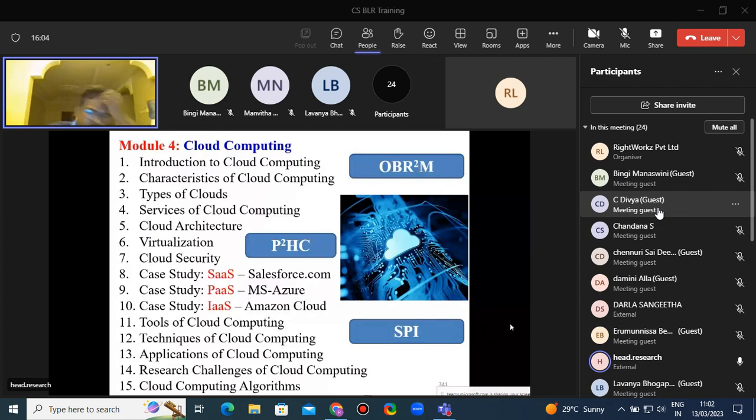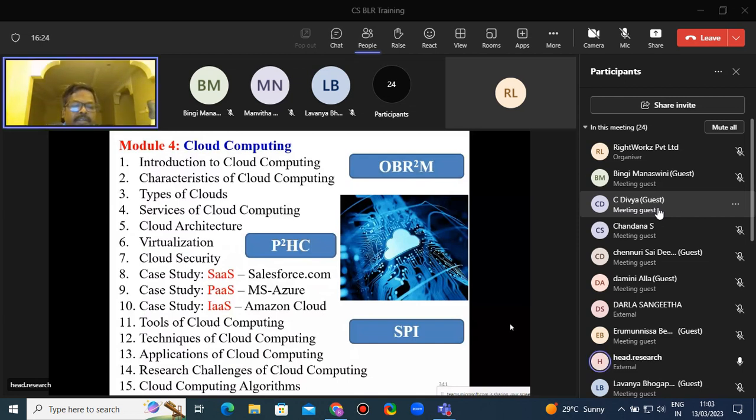Under this software as a service, Salesforce.com is a number one cloud. Under case study, platform as a service, MS-Azure is a number one cloud. Under case study, infrastructure as a service, Amazon cloud.